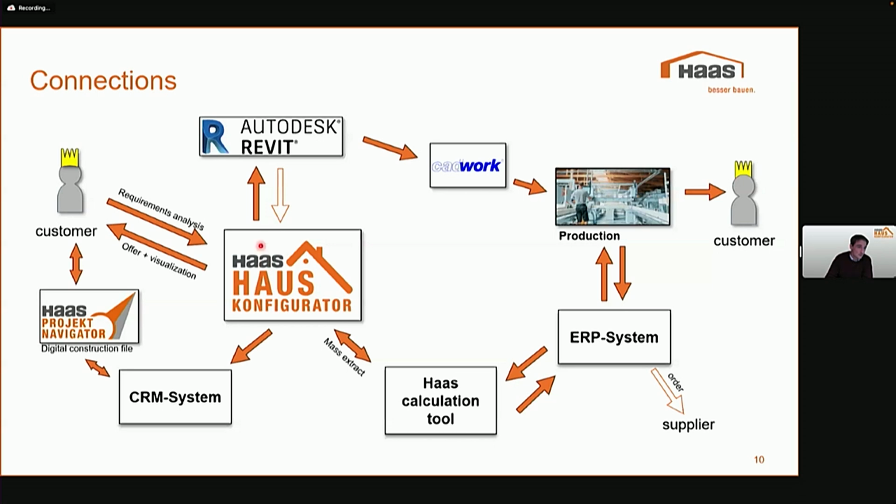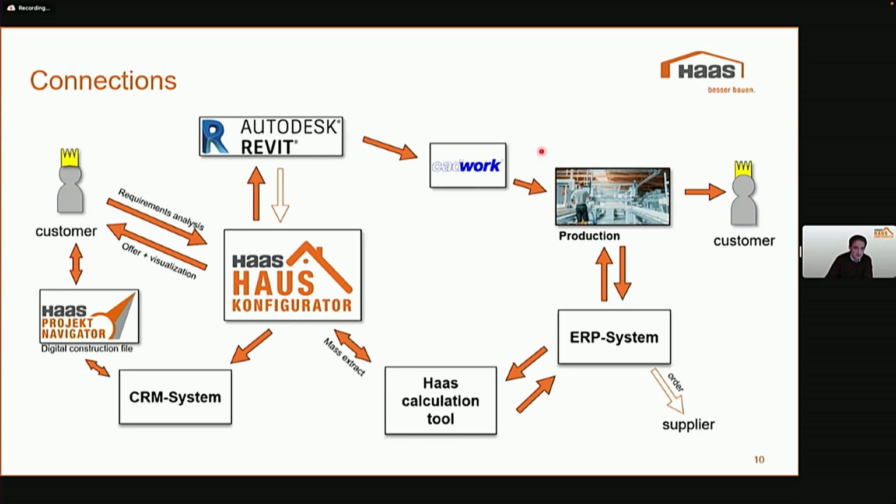Also, we started to develop a connection between the Haas house configurator and Revit to hand over this model to finish the project to our local building authority. And we have a connection between Autodesk Revit and CADWork.